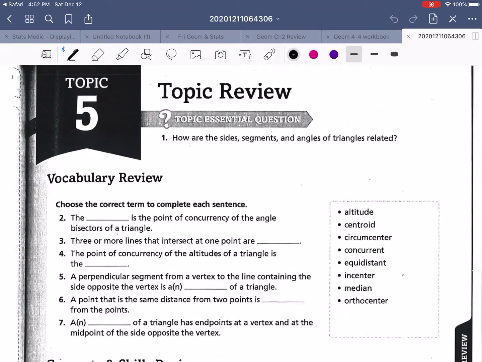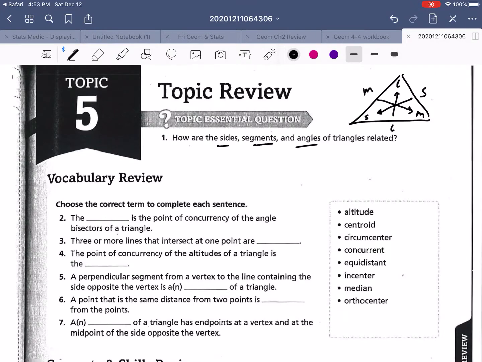The overall essential question says, how are sides, segments, and angles all related? So in this chapter, we see that if I have a triangle with sides small, medium, and large, then the angle opposite would be the largest angle, the medium angle, and the smallest angle.